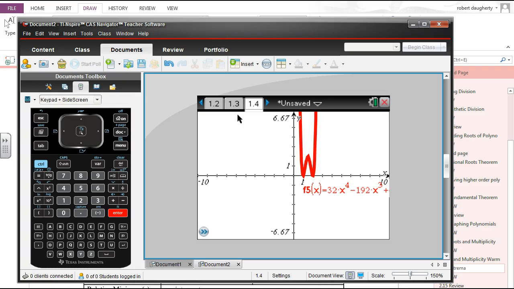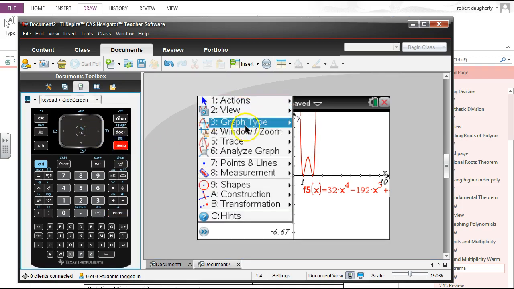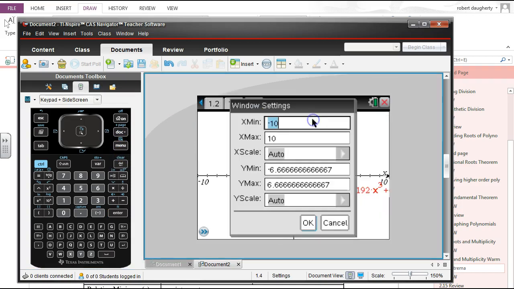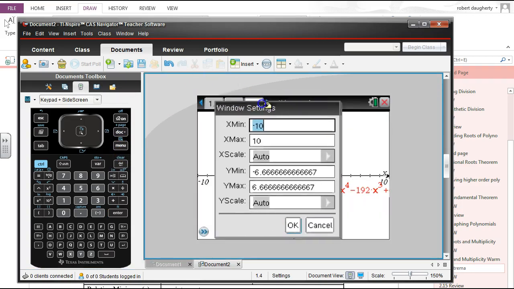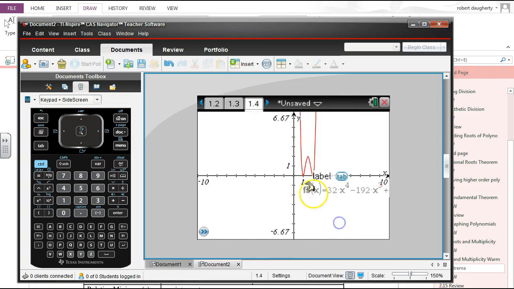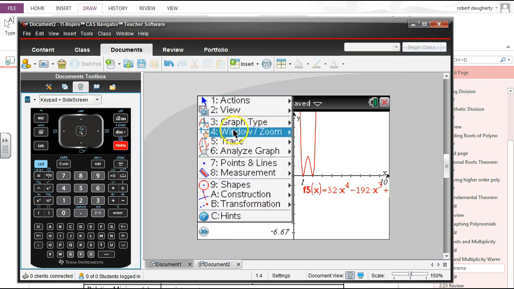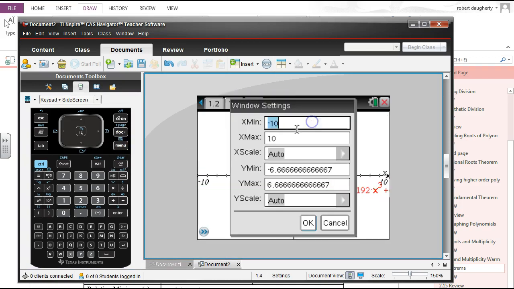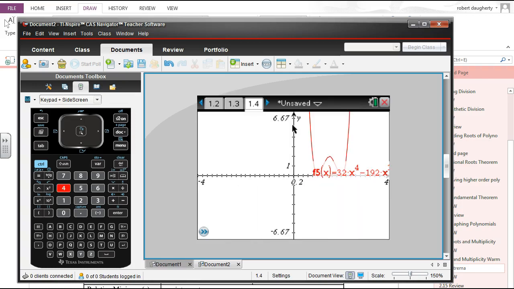That's a mathematical term. So we can handle that with menu, just like we did back in data analysis. Window zoom, window settings. It looks like my x values are going from negative 10 to 10. There's a lot of blank space in there. Why don't I cut some of that out? Let's just go from, say, negative 4 to 4. What does that look like?